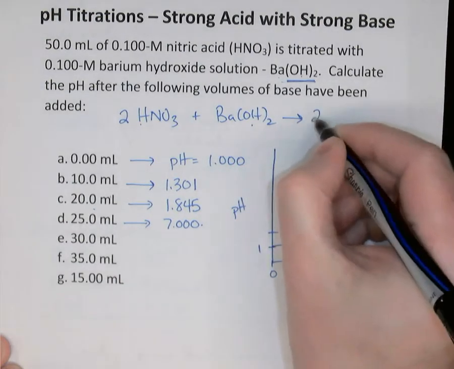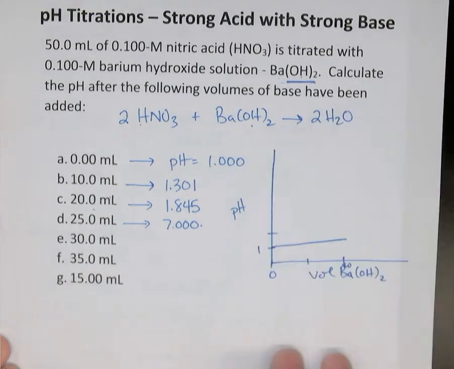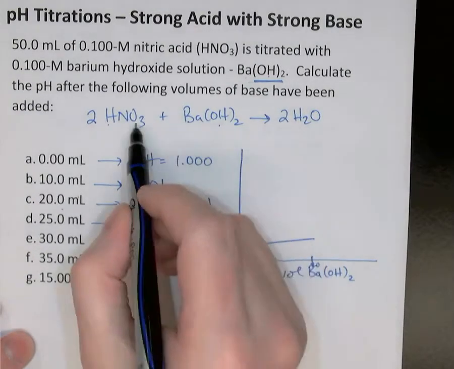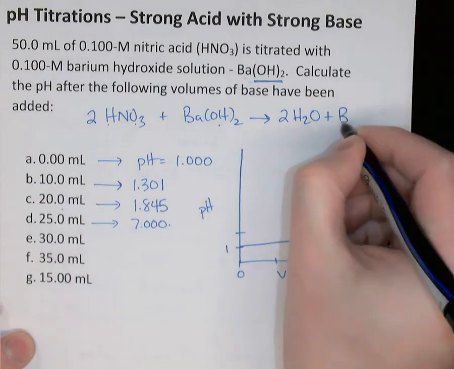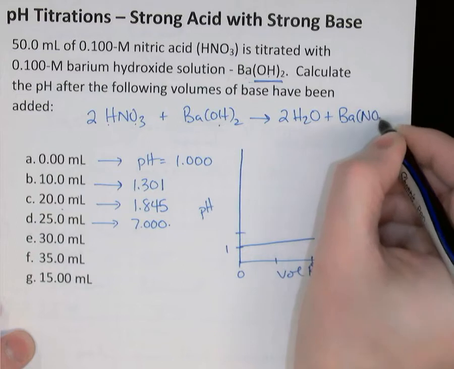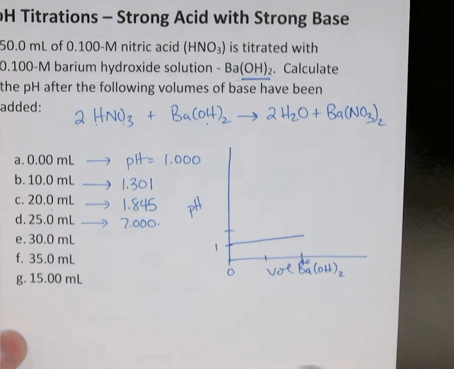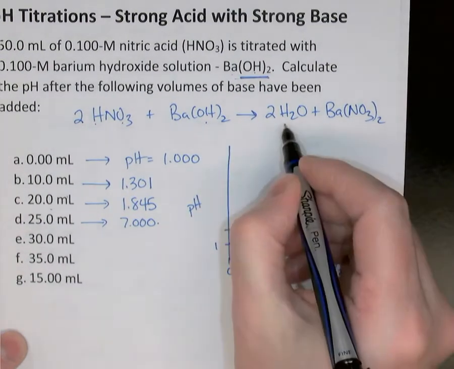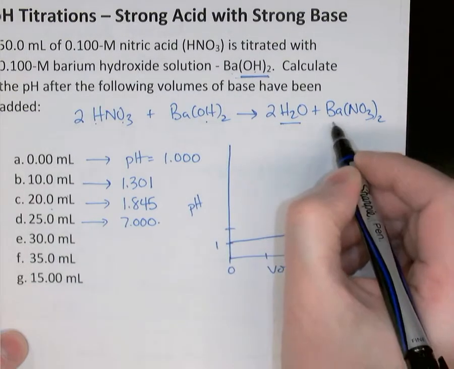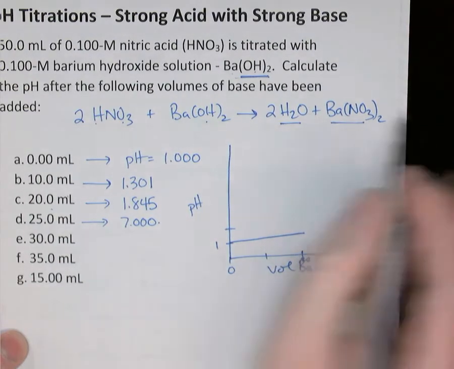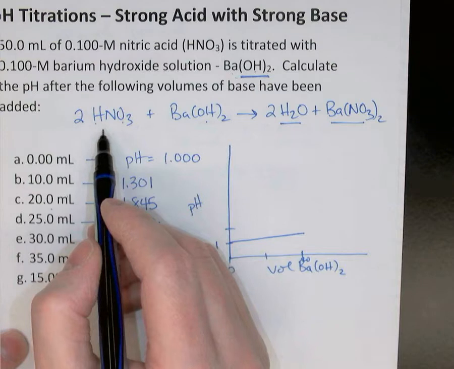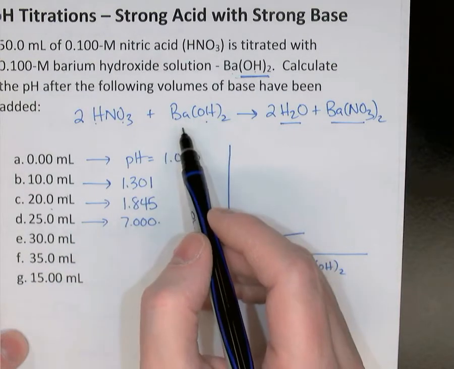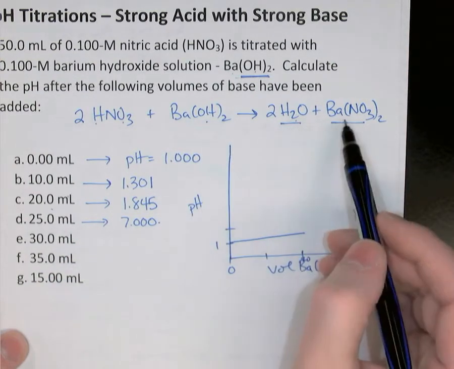That would produce water, 2 water molecules, and barium nitrate. So in reaching the equivalence point, all that we have in our beaker at this point is water and this salt, barium nitrate. There's no leftover nitric acid, there's no excess barium hydroxide, there's water and salt.